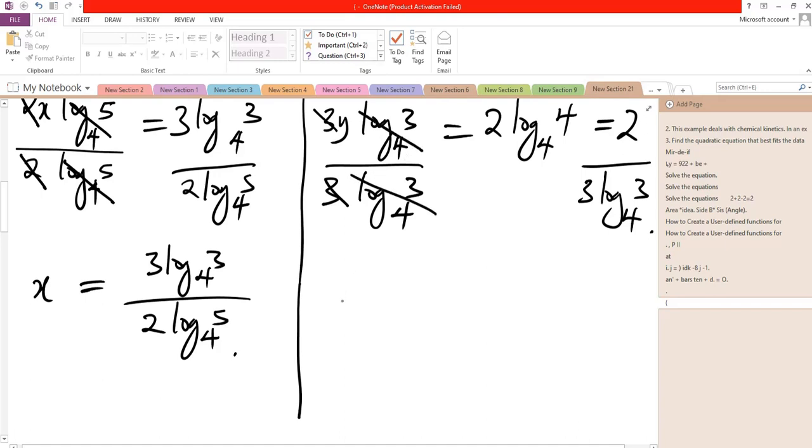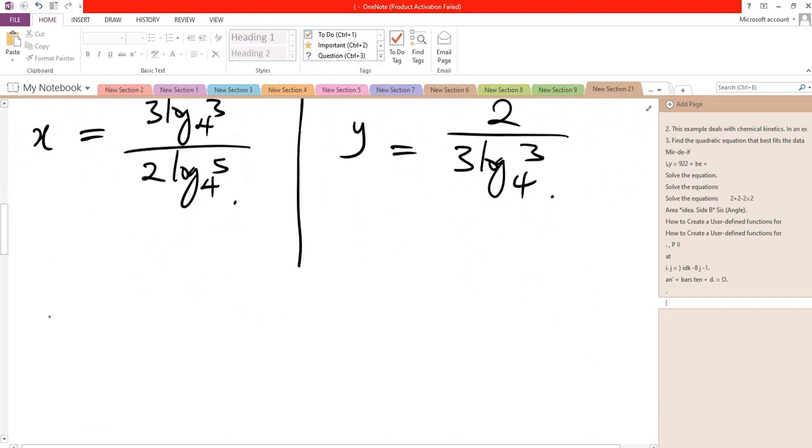So now on the left hand side, you have y equal to 2 all over 3 log 3 base 4.